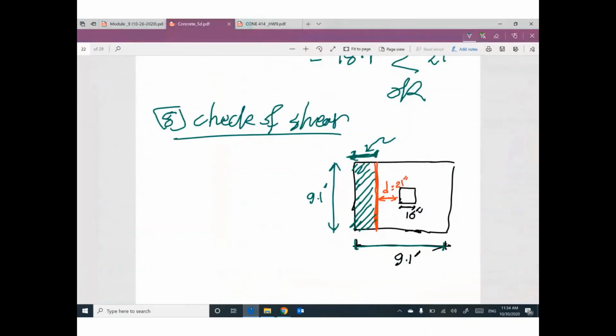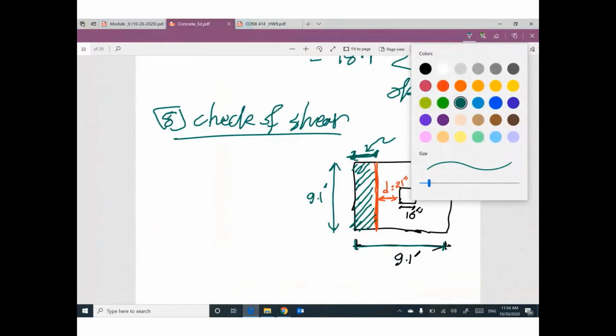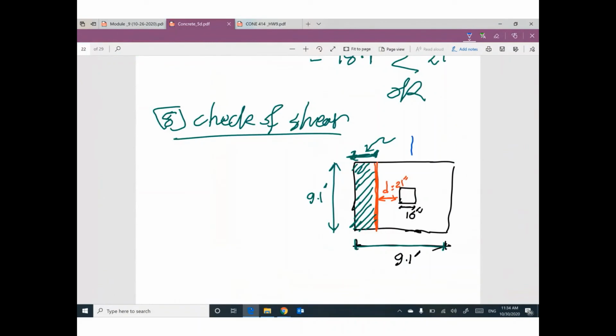Okay, so guys, what is the distance between this center line and the edge? 9.1 divided by 2, 4.55. From this length, please subtract 8 inch and the 21 inch.